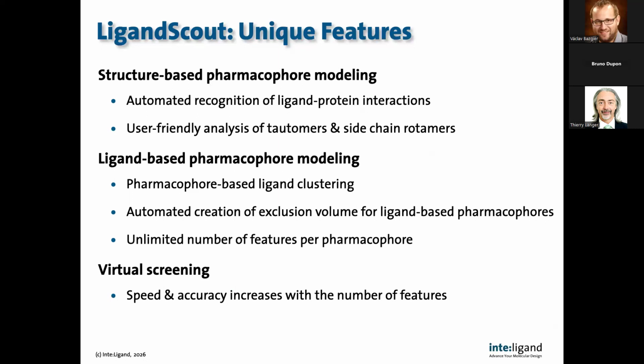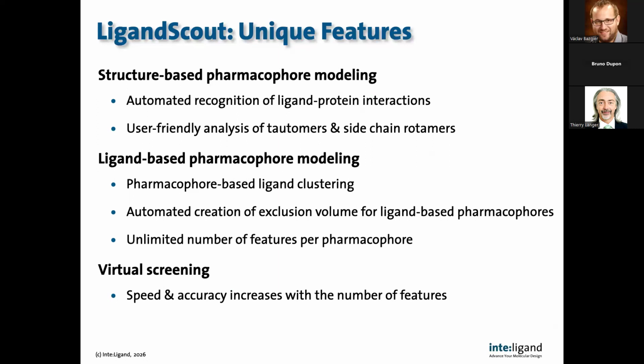For instance, if you have an OH, the oxygen can act as an H bond donor, but also as an H bond acceptor, right? Two ways. So LigandScout can take care of this, of course. And you can also have exclusion volumes. These are space limiters around your pharmacophore, created automatically in a ligand-based pharmacophore model.